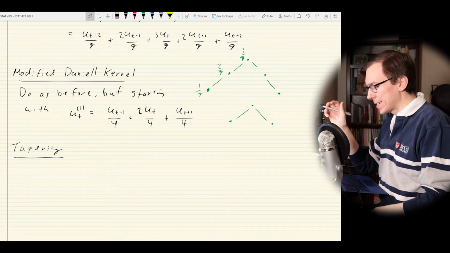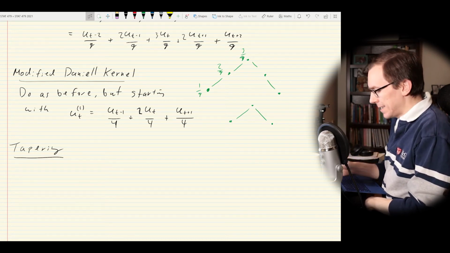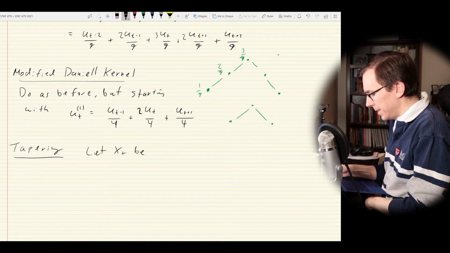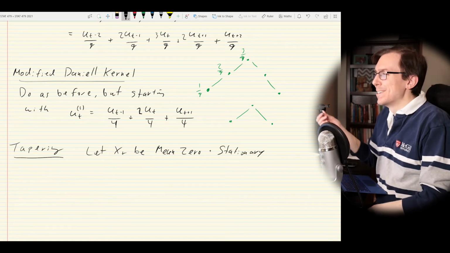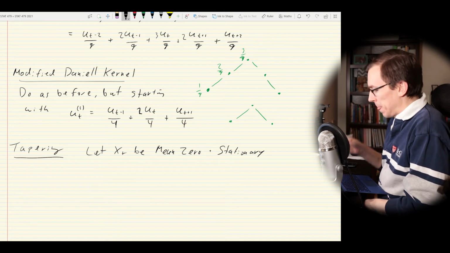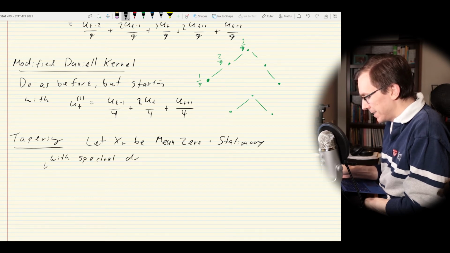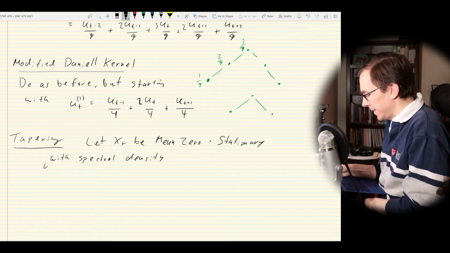Like in most cases, there are ways of going back and forth between time and frequency, and we're certainly going to be doing that here. In this case, we need to, once again, say let xt be mean 0 and stationary, as almost always, but just to emphasize, we need that, with spectral density, which is what it always is, fx of omega.